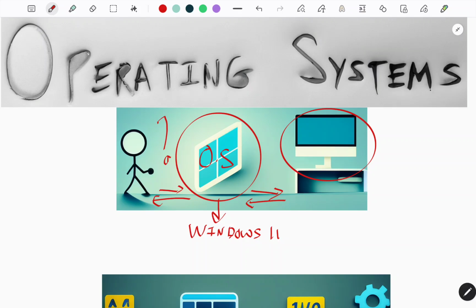If you are using Microsoft, versus Apple, you use iOS, is it?